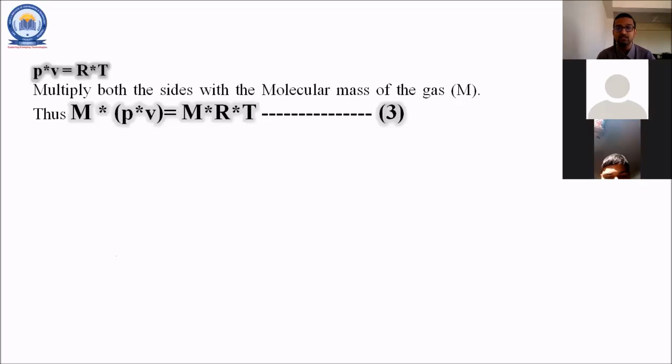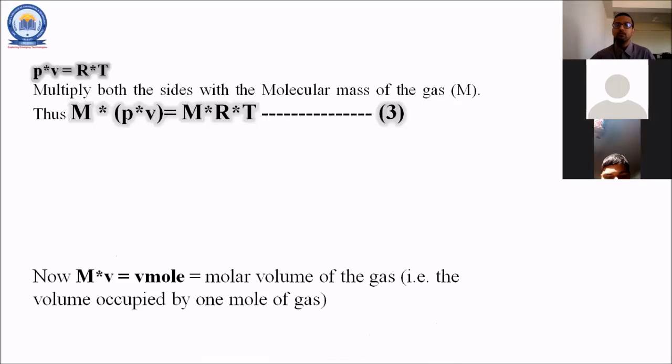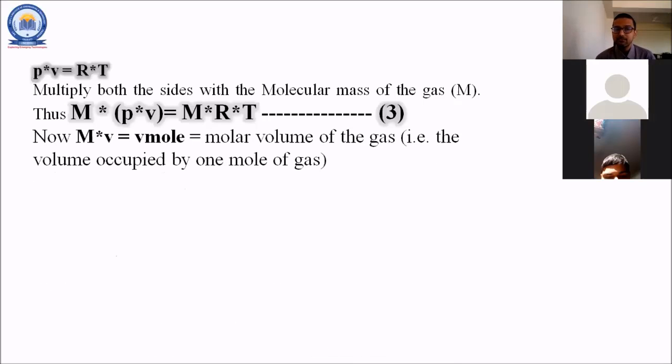So we are getting the equation capital M into Pv is equal to capital M RT. Let us mark this as equation number 3. Now we know that M into small v is equal to V mole, that is the molar volume of the gas. In simple terms, it is the volume occupied by 1 mole of the gas.